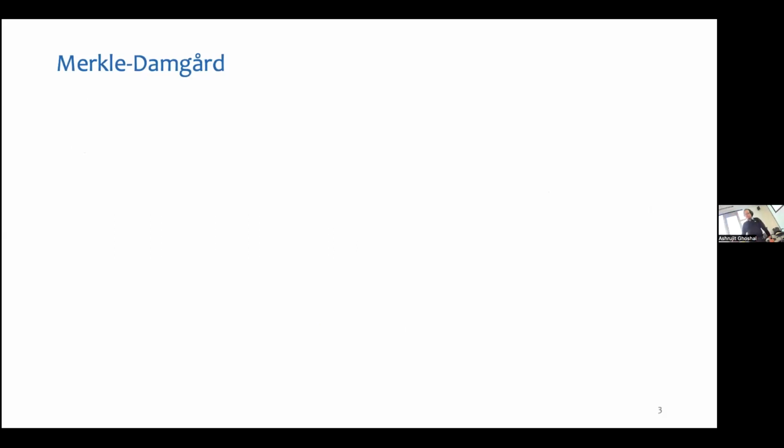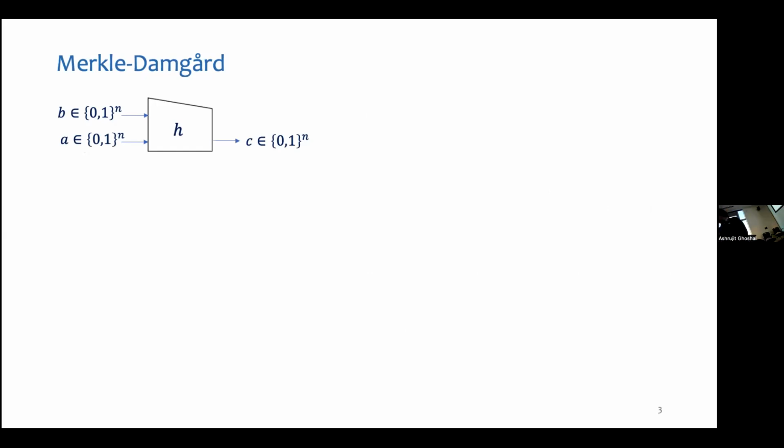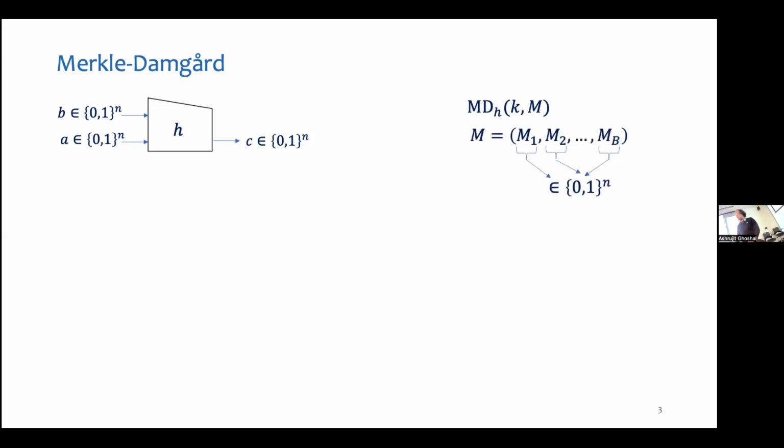Let's begin with a brief refresher of what Merkle-Damgård is. The fixed input length primitive here is a compression function h, which takes as input two n-bit values and outputs an n-bit value. The hash of a message is defined with respect to a key k. The message is first padded appropriately and then broken up into blocks of n bits.